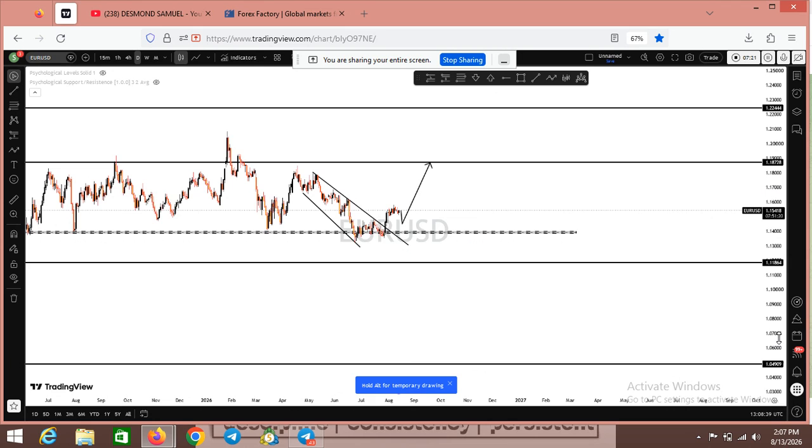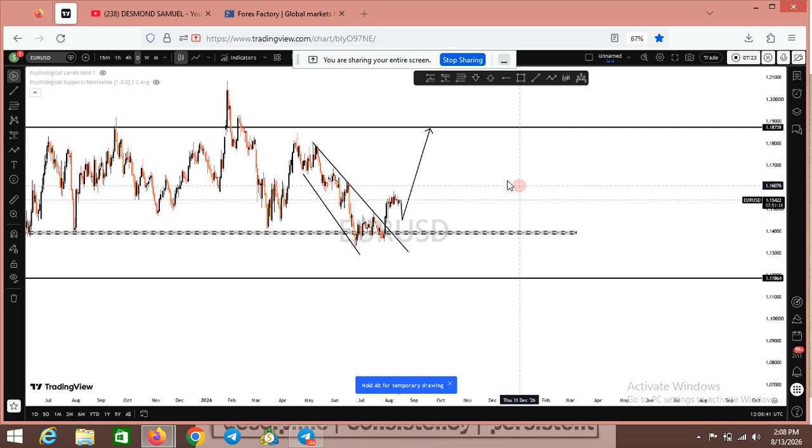Just as it is right now, we already know that the market is definitely getting to this point here. So the market is getting to this other bigger zone, but we don't want to be too greedy. If the market gets to this other level here, then we are taking our profit out of the market. So this is our zone. This is where we are looking for the market to retrace to, right?